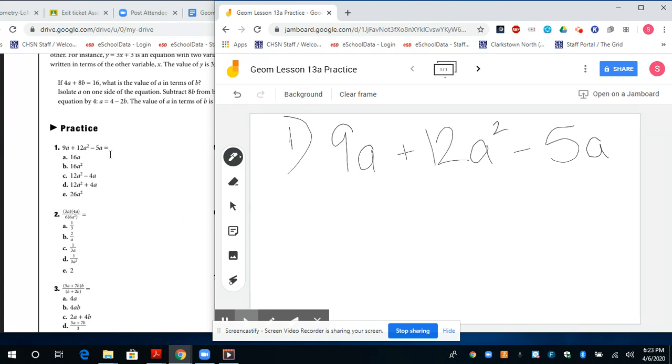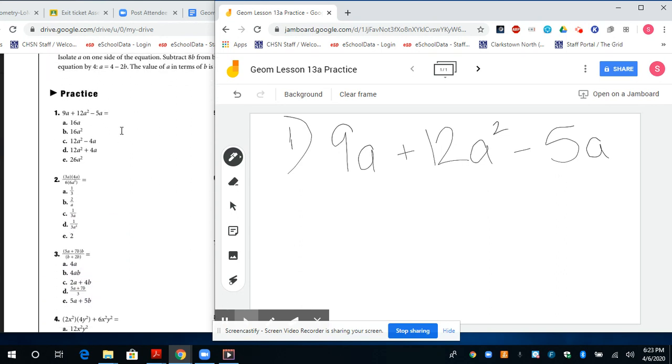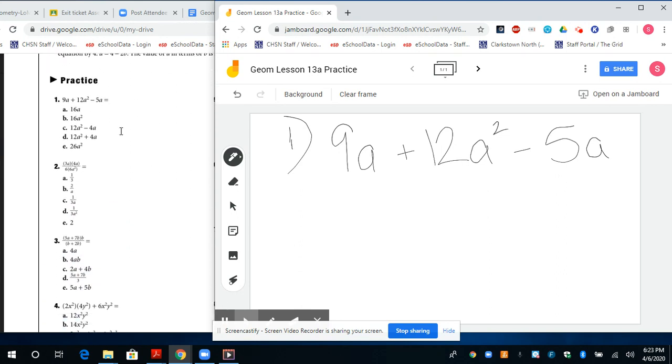Hopefully it's a good review for some of you, and I just want to make sure we're good to go on the standard things so that we can go into the rest of our geometry unit. So we're talking about combining like terms, we're talking about variables, we're talking about solving an expression by substituting. So that was all the notes you took. So let's look at number 1.